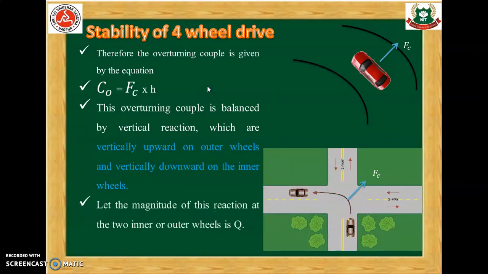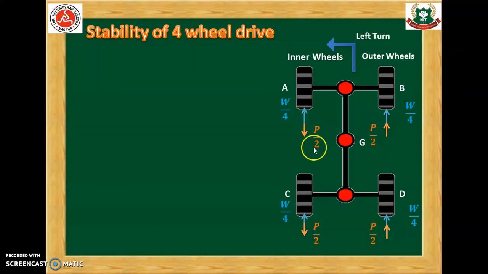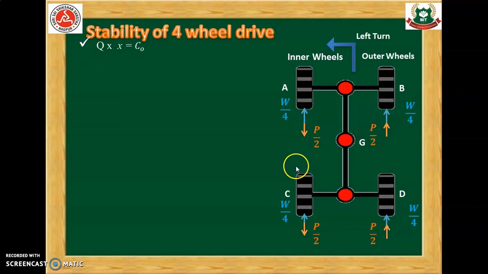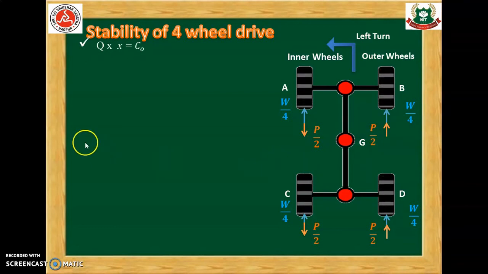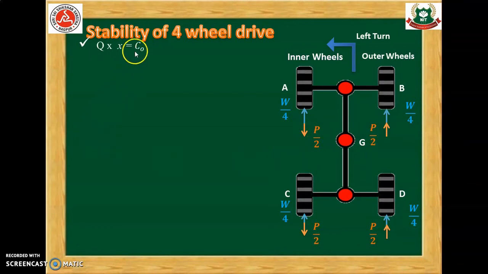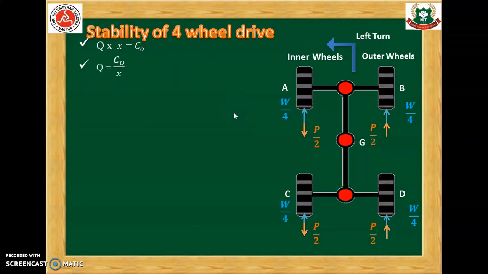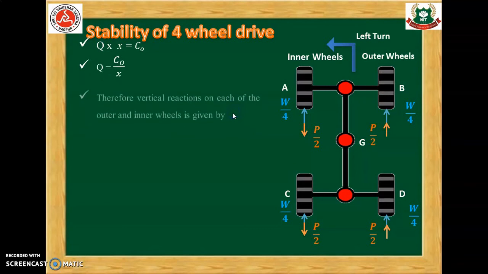Let the magnitude of this reaction at the two inner or outer wheels be Q. The reaction which is generated by the overturning couple is given by Q into X equals CO. Therefore, Q is equal to CO upon X.